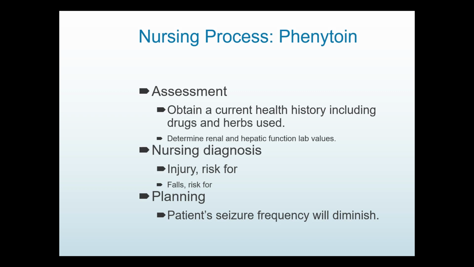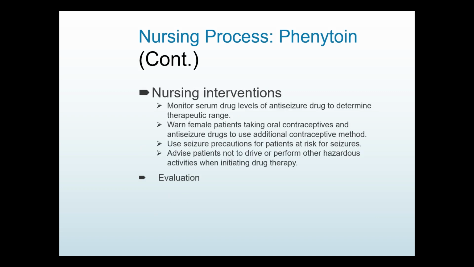As far as nursing diagnosis, it will relate to what the side effects, or adverse effects, are. So risk for injury and falls. And also they have seizure disorders, so they're definitely at risk for injury and falls. You want the patient's seizure frequency to diminish or lessen extensively.